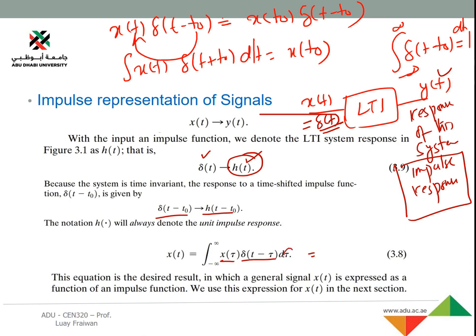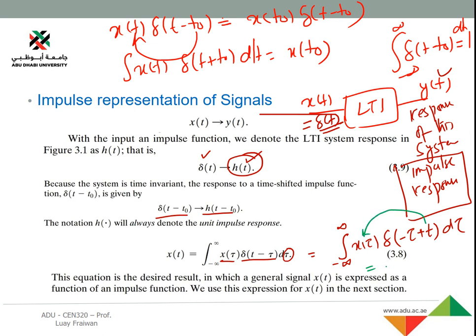Remember here the variable is tau. So I can rewrite this as the integral of x of tau times delta of t minus tau d tau. The variable is tau, so I will get the function value at the impulse location.